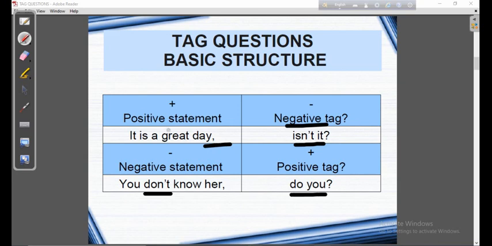So if the statement is plus, the tag question will be minus, and if the statement is minus, the tag will be plus. Okay, dear students, this is one of the basic structures. If the statement is positive, the tag question will be negative, and if the statement is negative, the tag question will be positive. Okay, dear students, I think you have understood. So let us move to the next slide.